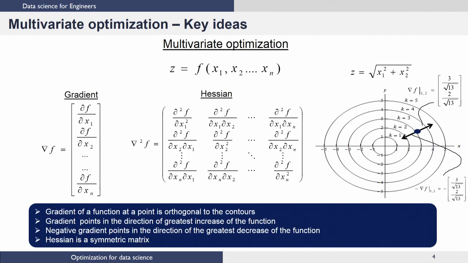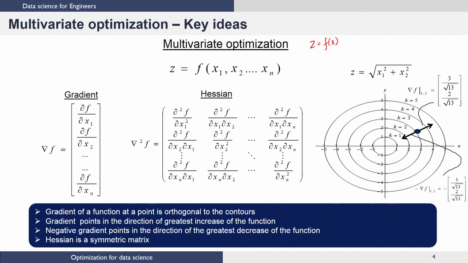If you have a multivariate optimization problem where z is f of x1, x2 all the way up to xn, let us contrast this with the univariate case, z equal to f of x, just one variable.